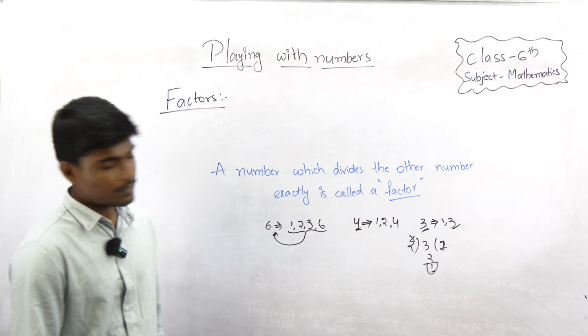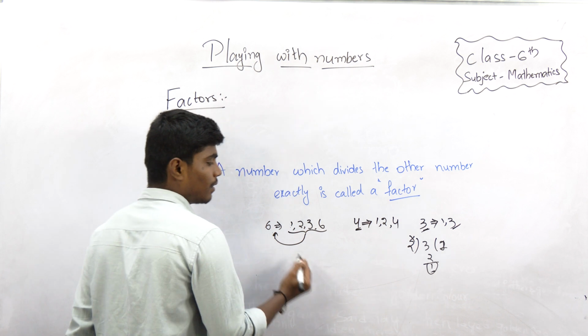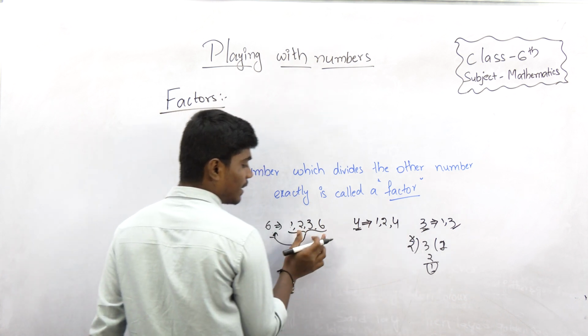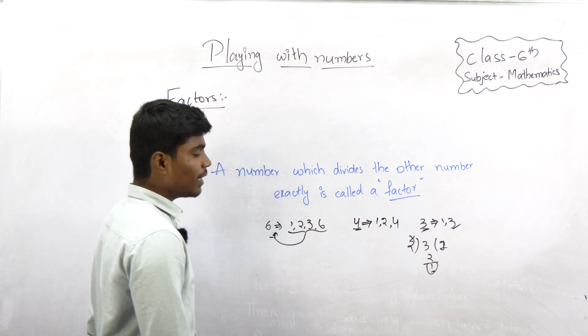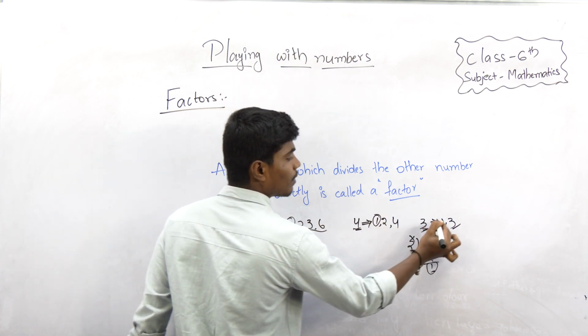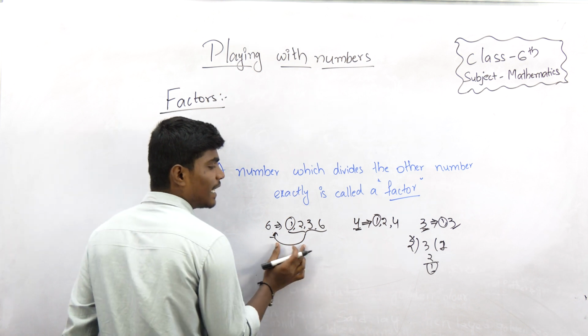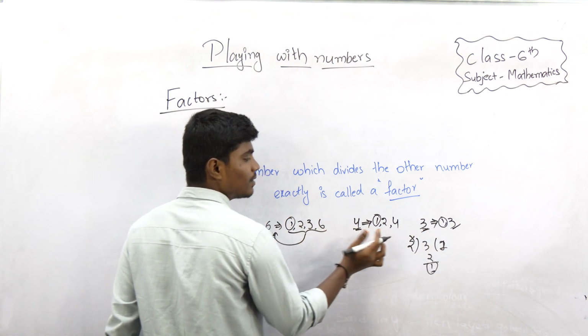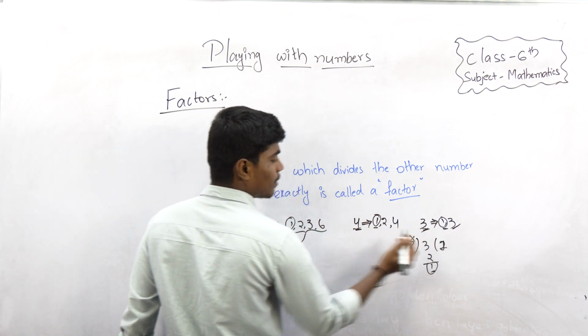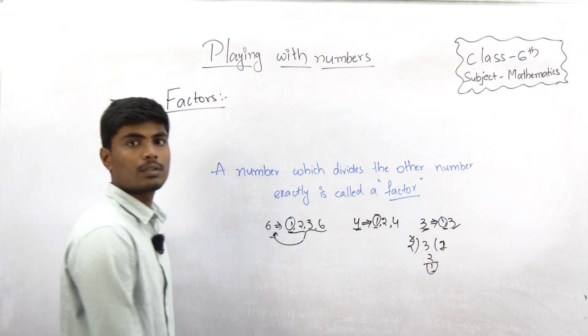See, here if you observe, we have taken 3 numbers and we have written their factors. Okay, here if you observe 1, 1, 1. So in each number's factors, 1 is there and 1 is the least factor.